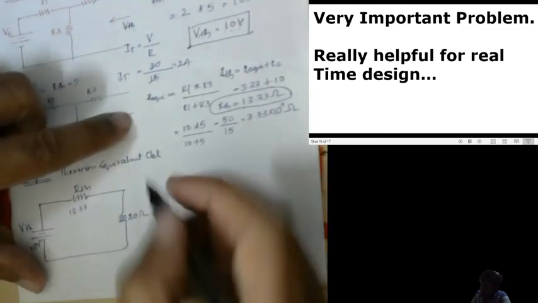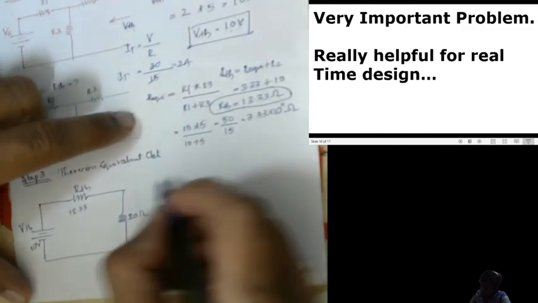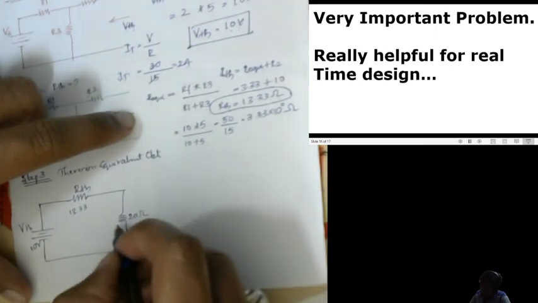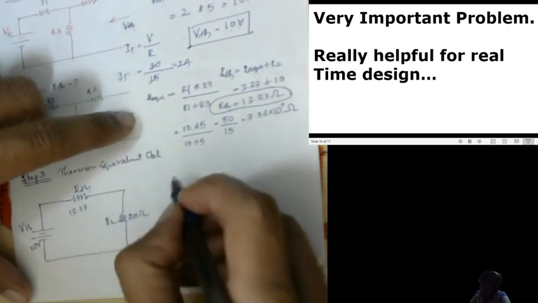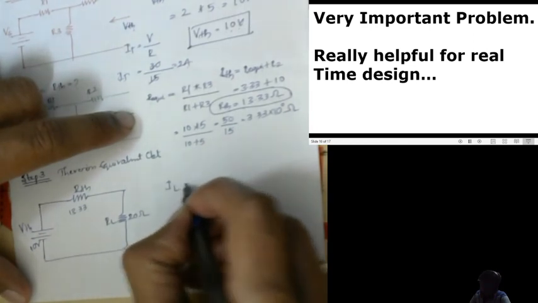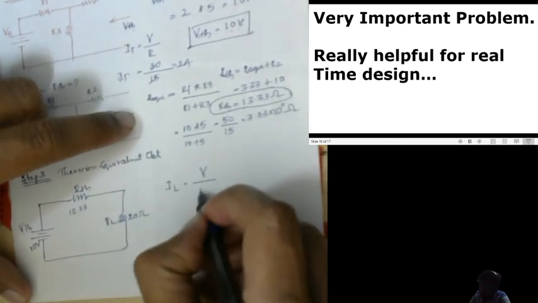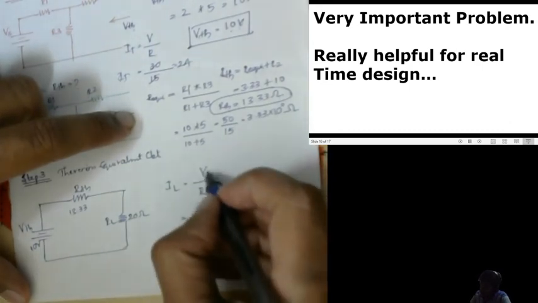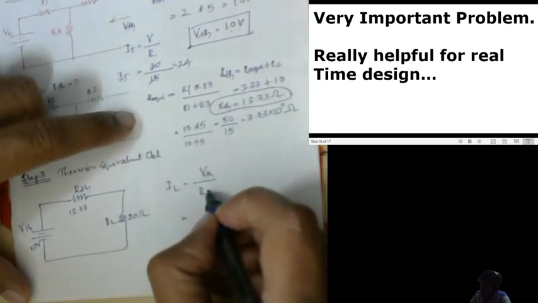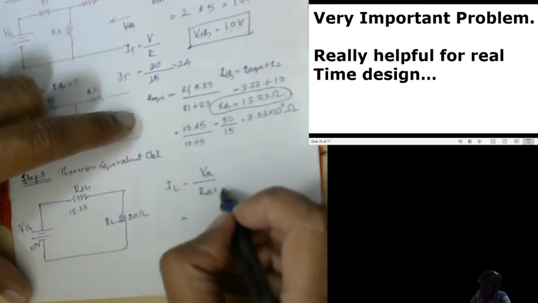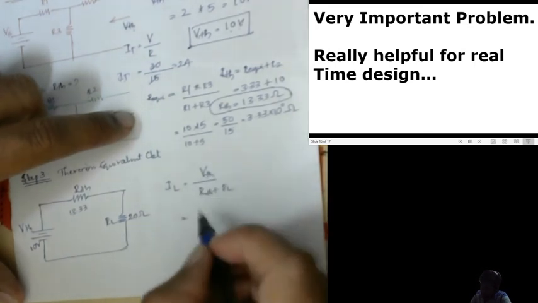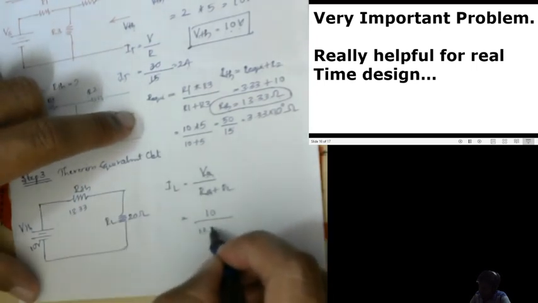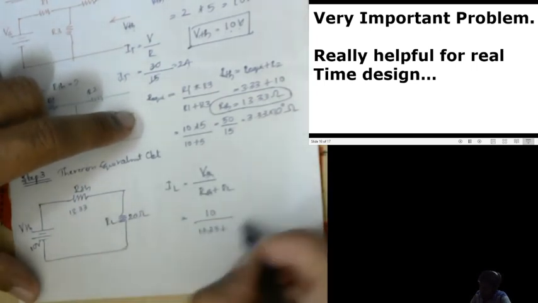Then you need to find out the current through resistor RL. IL is equal to V over R. That is, V means VTS, R means RTS plus RL. VTS is equal to 10 volts divided by 13.33 plus 20.